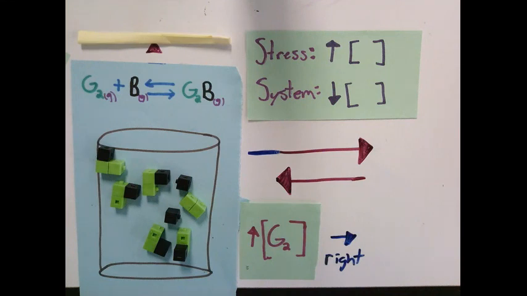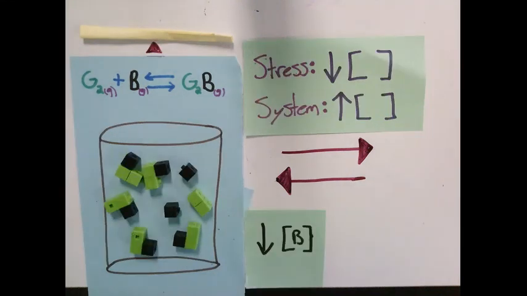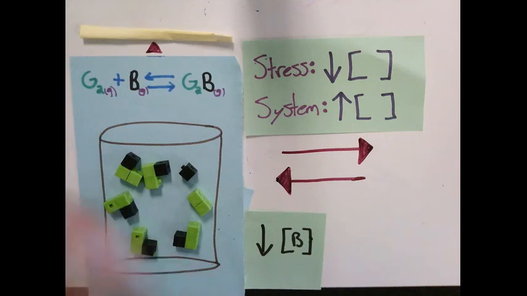Now what if instead of adding something, we remove something from our vessel? Now we allowed the equilibrium to reestablish itself, and now we're going to cause another stress. In this case, we're going to decrease the concentration of B. So I remove one of the B's from the vessel.